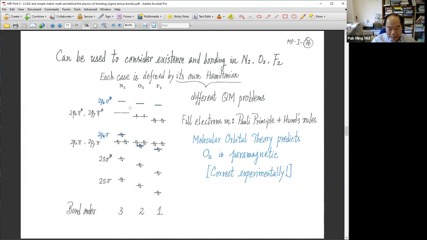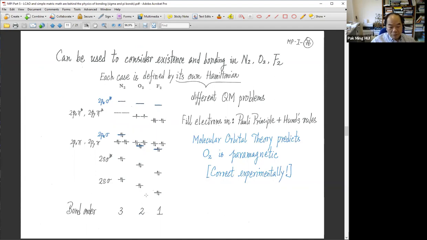There will be a net 6 minus 2, 4 electrons in bonding MO, divided by 2. The bond order is 2. That is a double bond. And then we know what this bonding nature is: there will be a pp sigma, and one pp pi.